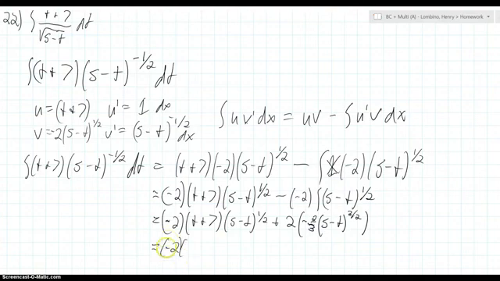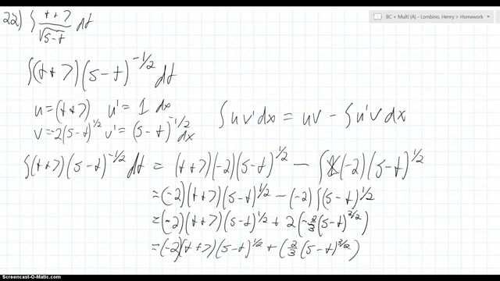So negative 2 times (t plus 7) times (5 minus t) to the 1/2, and this negative is going to go to this 2, so it becomes negative 2, so it's still positive. So plus, but I'm only taking one 2 out, so this is still 2 to the 3rd times (5 minus t) to the 3/2 in parentheses. And there's our answer.